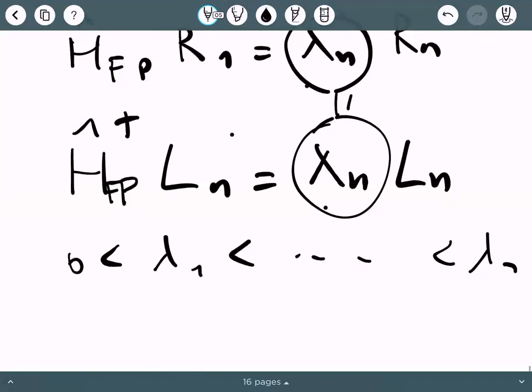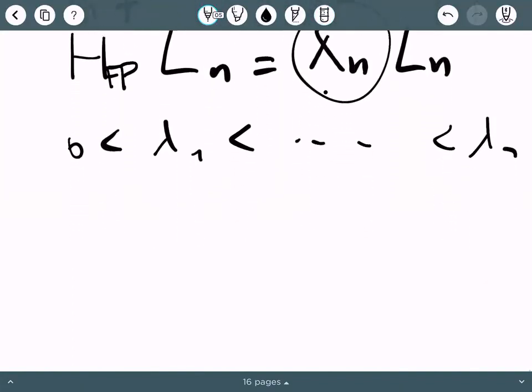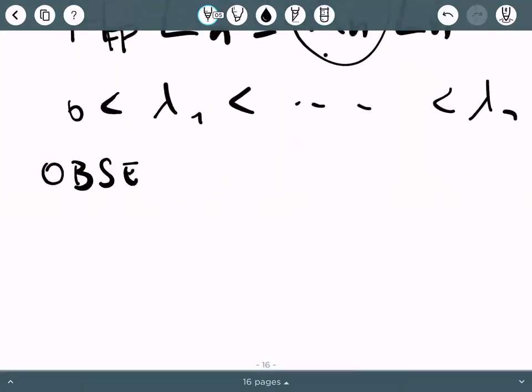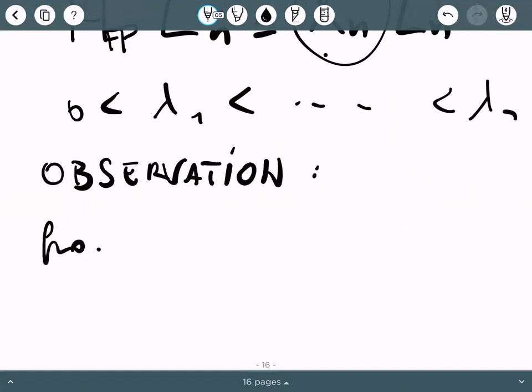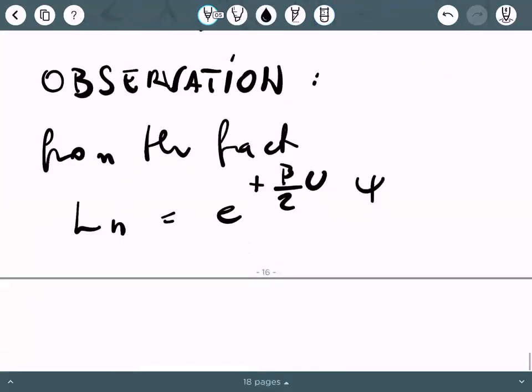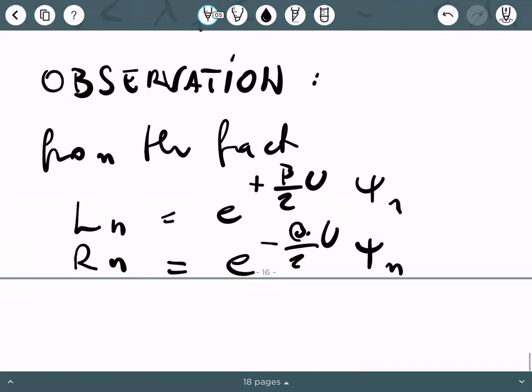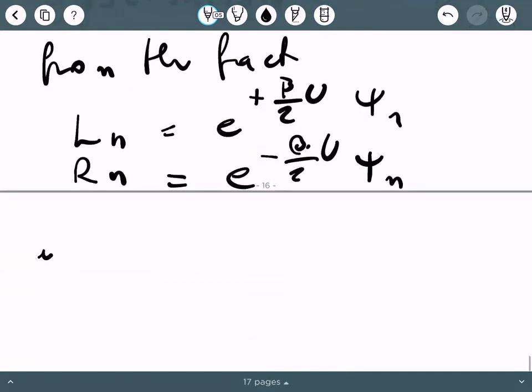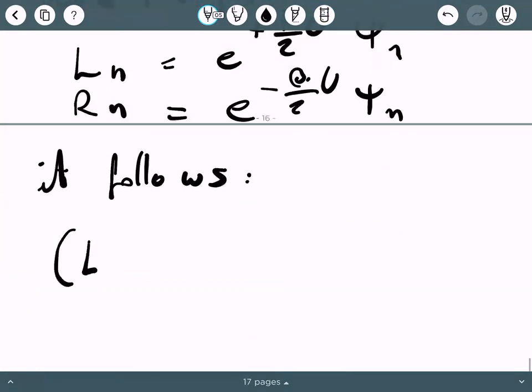Now, observation. From the fact that left and right are related by this transformation, it follows the following relationship between, what is this?